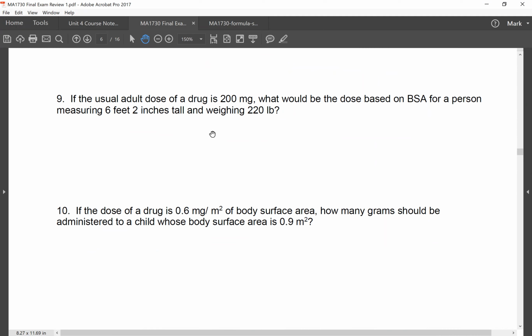For this, we can figure out the dosage using formula 4 on our formula sheet. The usual adult dose is 200 milligrams, and this is based on the average adult dose. What I'm trying to do is figure out the dose for somebody else, somebody that's a different size.